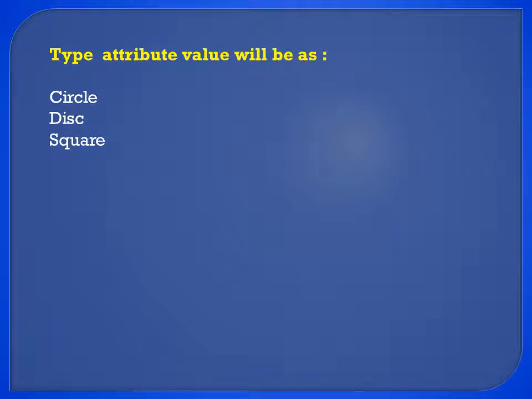In an unordered list, the type attribute value will be circle, disc or square. So you can take any attribute value as per the requirement. Circle is the hollow circle, disc is the filled circle, and square is the square. Any one of these bullets we can take as a value for the type attribute in a UL list.